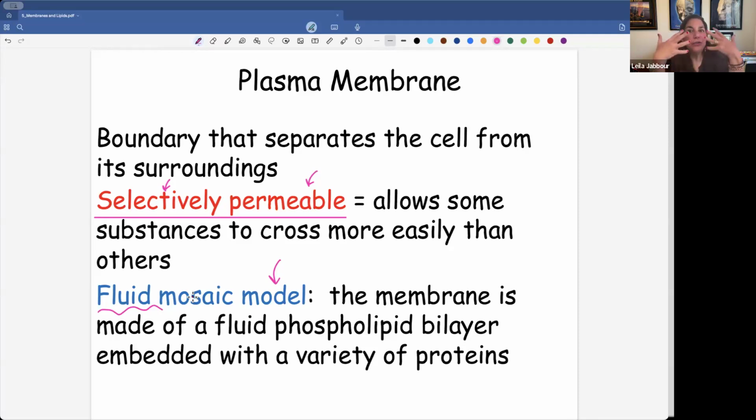And it's mosaic because it's not only made of lipids, but there are proteins embedded in it. We talk about that in the protein lecture. And there are carbohydrates on the proteins and carbohydrates on the lipids on the membrane. There are all kinds of different proteins embedded in there. That's why we say mosaic. That means all kinds of different things.